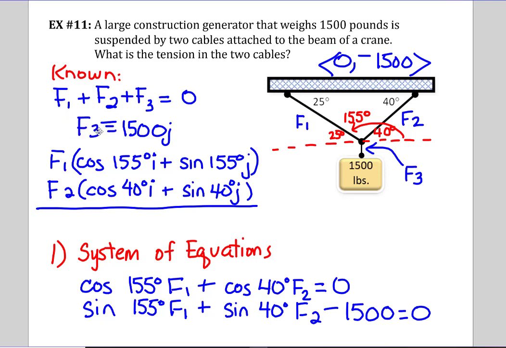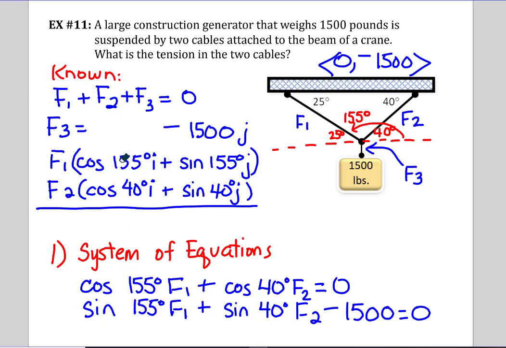So if you think about this one, F3, you can see what I was doing here. I added up all the column for cosine and then all the column for sine to make my system of equations.